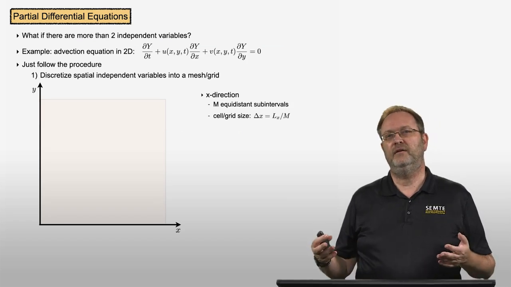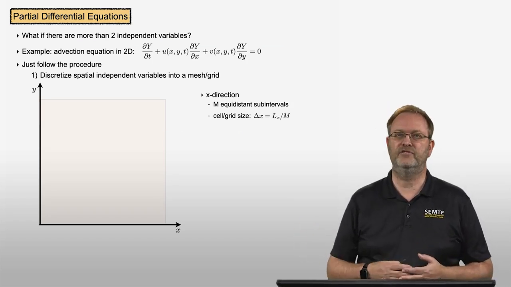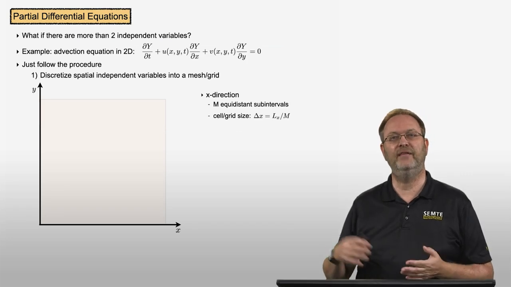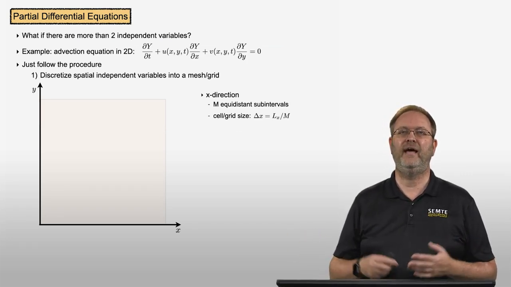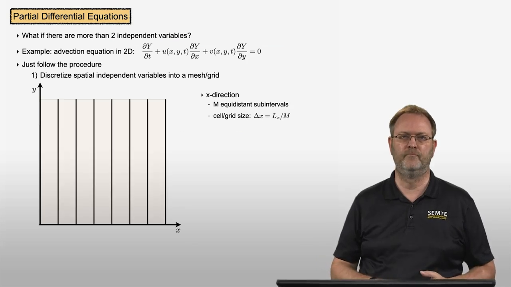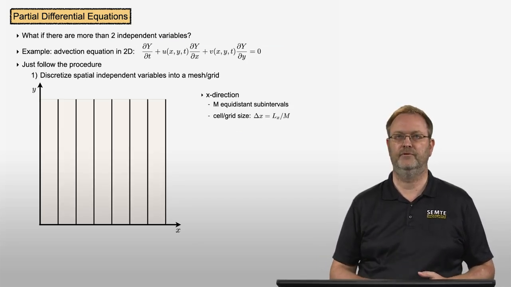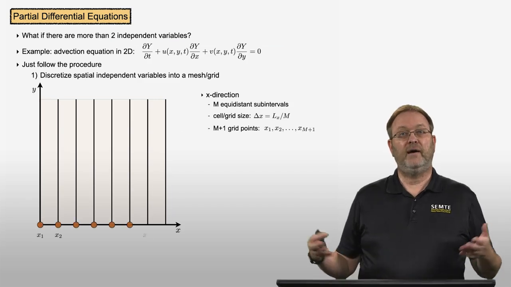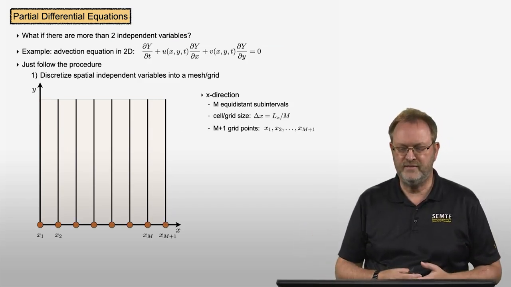So that means that the cell or grid size, the mesh size in the x direction, is simply delta x equal to the length in the x direction divided by the number of equidistant subintervals m. So I'm going to chop this domain up in the x direction. Now I can calculate the coordinate of my m+1 grid points as before.